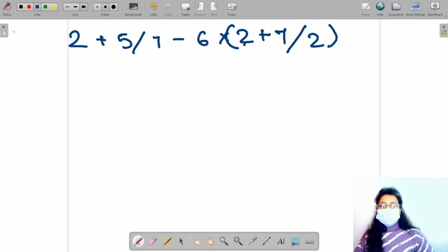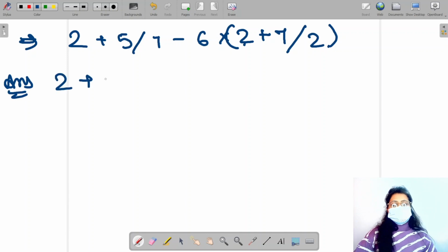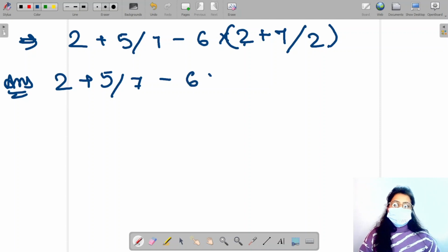So yeah, this is the given string. What we'll do is give priority to the bracket first so that we can simplify further. 5 by 7 minus 6 into, first this bracket will get solved.